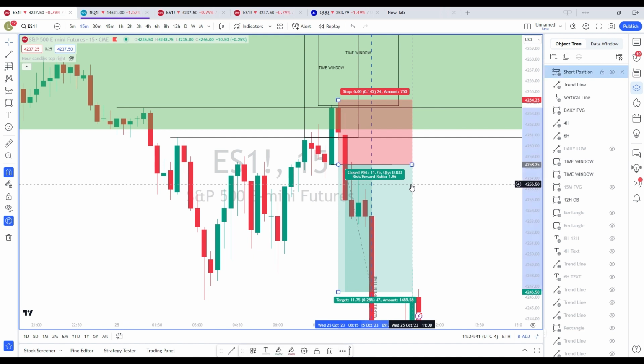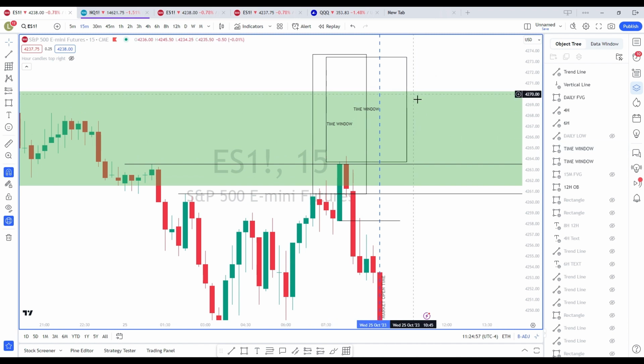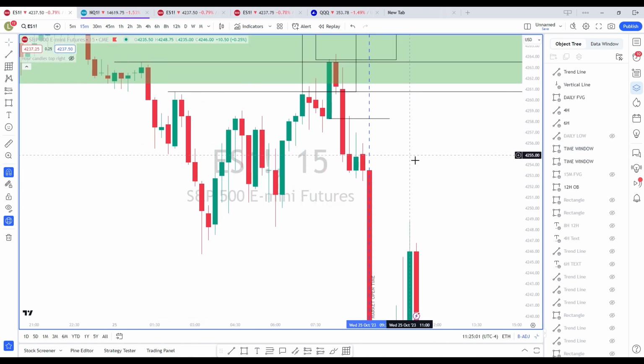I hope it helps. You can see how the first manipulation I considered was daily, and then I was looking for another higher time frame manipulation which has to be less than daily. So I was open about 4, 6, 12, but because it came in my time window and I saw a reaction, I took the trade.